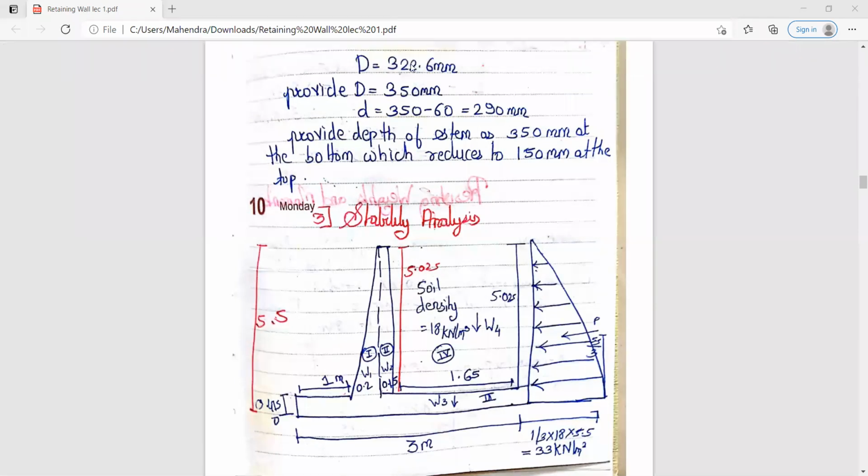Draw this diagram, those who were not there yesterday. After completing, let me know.